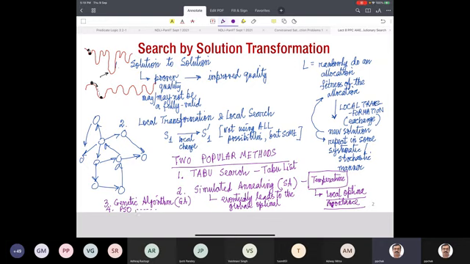Particle swarm optimization, ant colony optimization, etc. There are hundreds of names, especially because you have got such a variety of problems. Nowadays, also optimization based on deep neural networks have started. How can I combine deep neural networks, which are used for defining the quality of the solution or the solution trend, and combine it with local transformation?